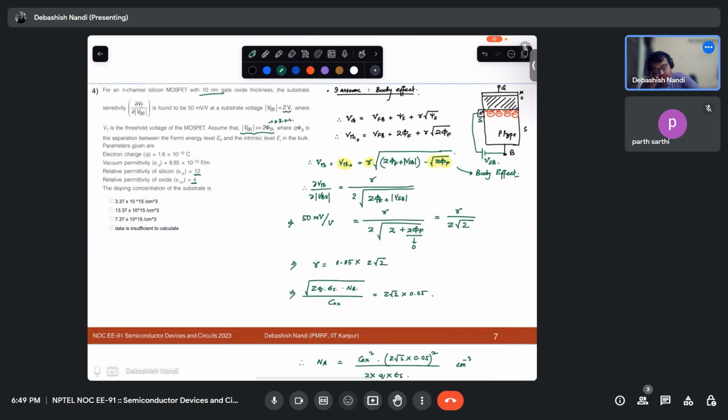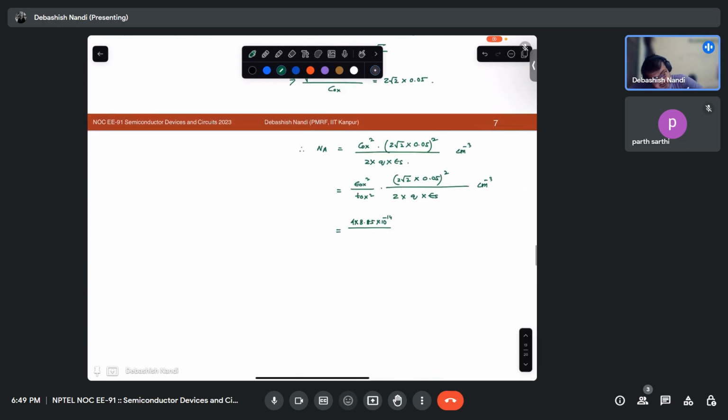Tox is given as 10 nanometer, that means 10 into 10 raised to minus 7 centimeter, squared, times 2 root 2 into 0.05 whole square over 2 into 1.6 into 10 raised to minus 19 into epsilon s.